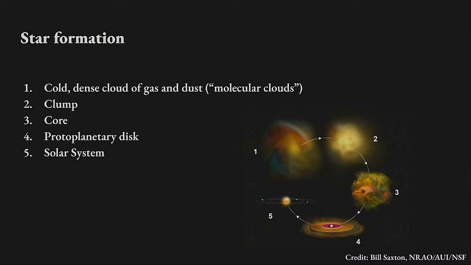These cores can gravitationally collapse and form what we call a protoplanetary disk. So this is a flat, swirling disk that will go on to form a solar system. Overdensities, so clumps within the disk, will actually accumulate mass and go on to form planets like the Earth. And the bright clump at the center is what will become the star of the solar system.